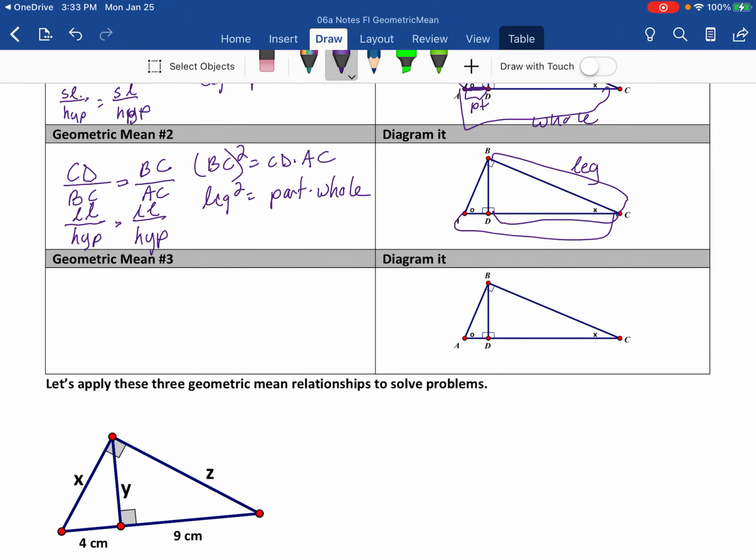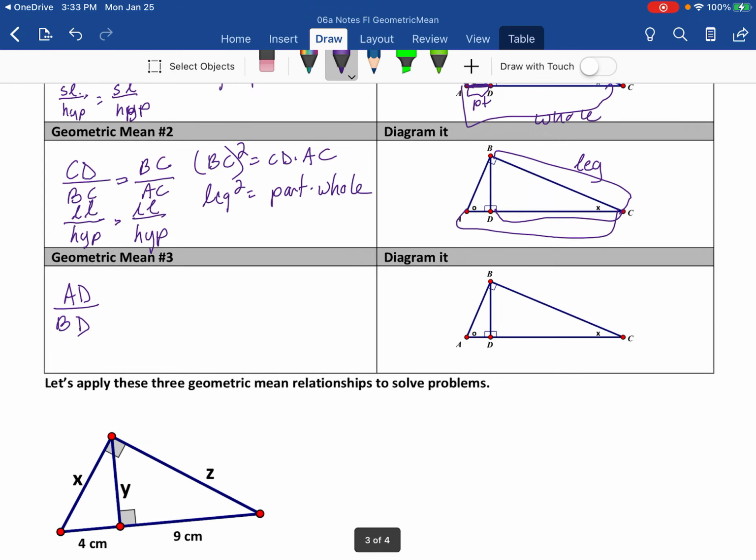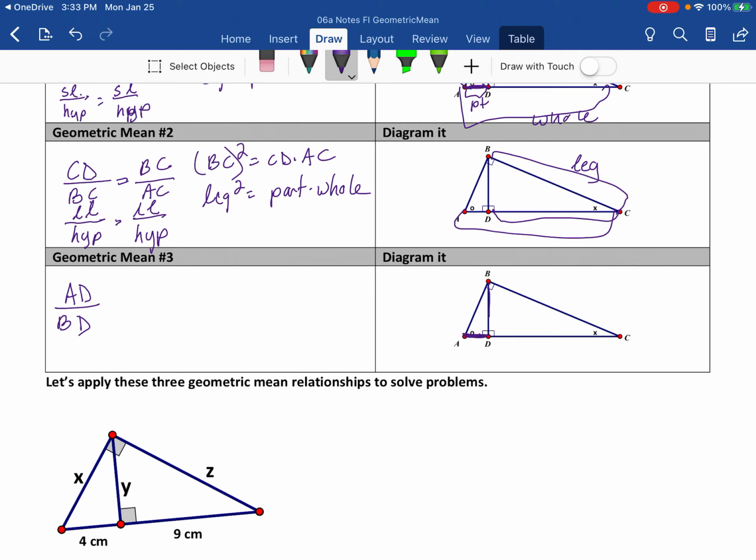Last one, of course, the last relationship for geometric mean is now I'm comparing the two smaller triangles. So it's going to be short leg over long leg equals, now BD is the short leg of the medium triangle, over the long leg, which was DC.